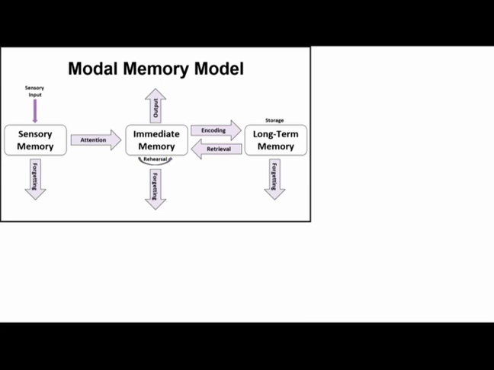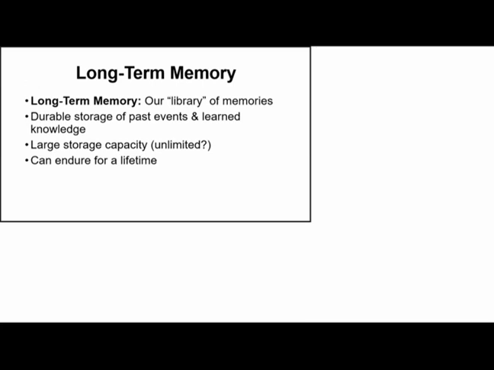All right. And so that's a nice way to transition over into, okay, so long-term memory. We can put information into it and pull it out of it, but what is it and how do we do that? So long-term memory could be considered our library of memories. It's a durable storage of all of our past events and things that we've learned.